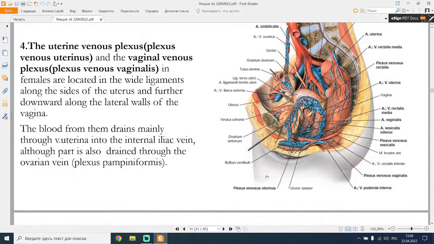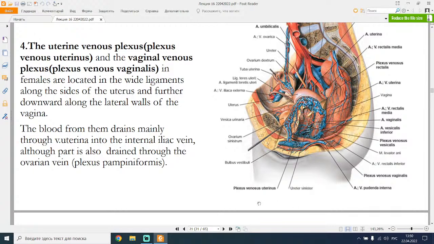Next, the uterine venous plexus, plexus venosus uterinus, and the vaginal venous plexus, plexus venosus vaginalis. In females they are located in the broad ligament along the side of the uterus and further downward along the lateral walls of the vagina.